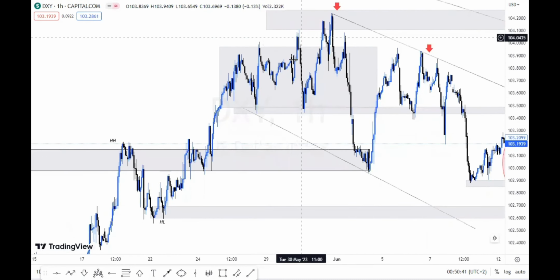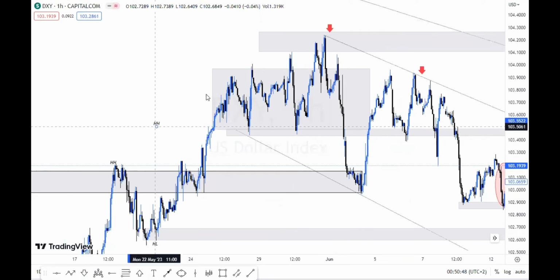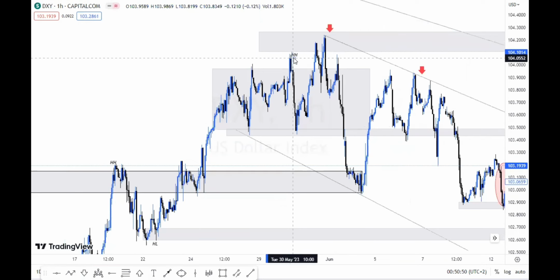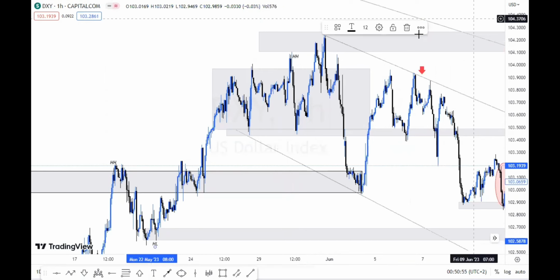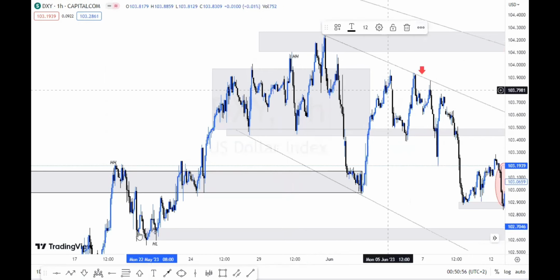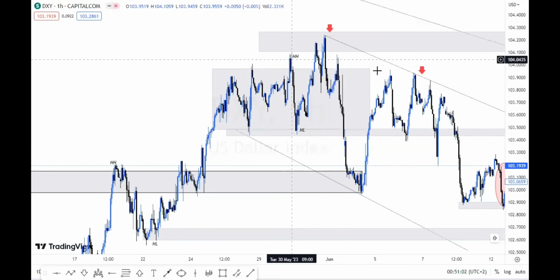Okay, on the 1 hour, it looks better. I'm convinced with the 1 hour. So we'll just give it the benefit of the doubt. This would be our wave. It's clear on the 1 hour. Higher high was broken right here.